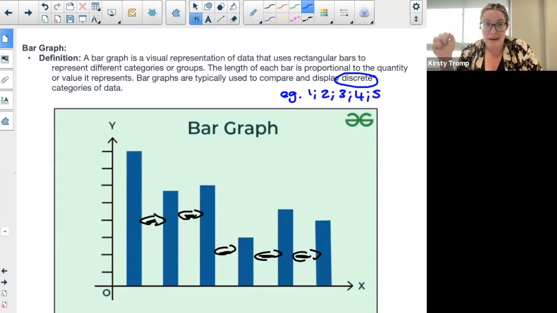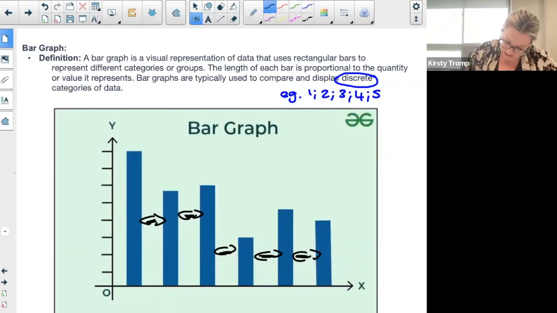They're whole numbers. Shikana is completely right. It has an X and a Y axis. Well done for noticing that. There's an X axis on the bottom and a Y axis on the side.